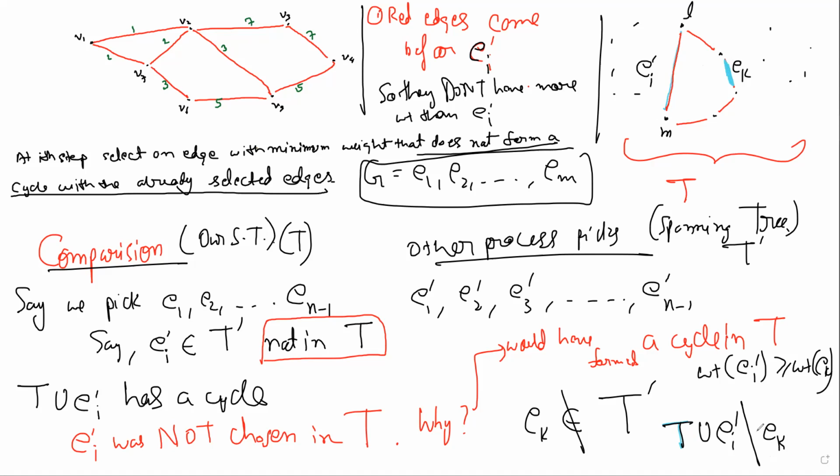It does not have more weight than T, but it is one step closer to T prime. You can continue like this and eventually reach T prime, and the weight would not have decreased.